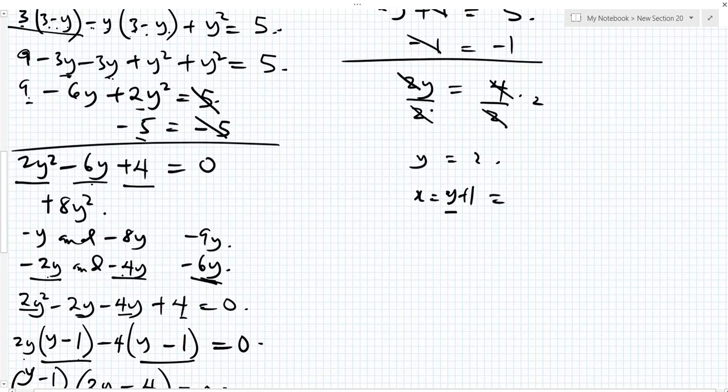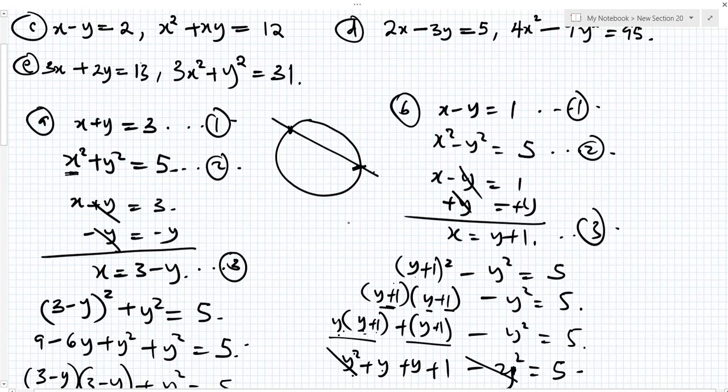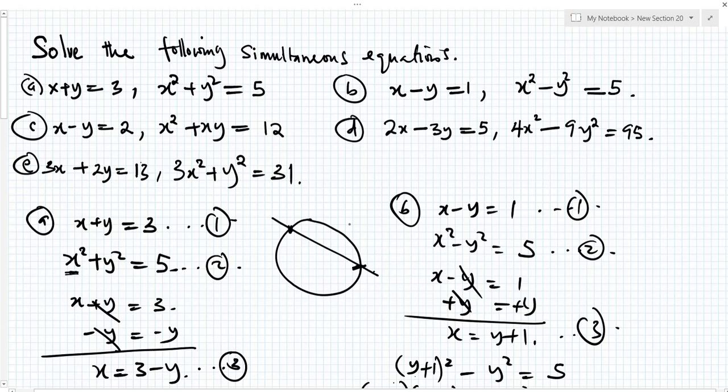So if you put 2 here, you have 2 plus 1. x will be equal to 3. Now the coordinate is 3 and 2. This is the point where these two equations meet. So it shows that they meet at just one point.